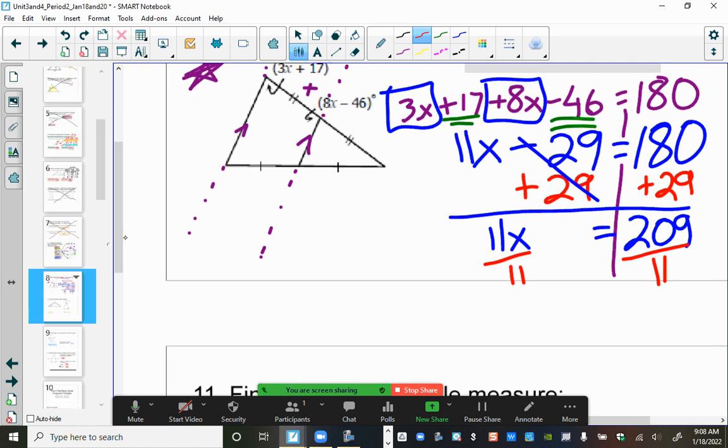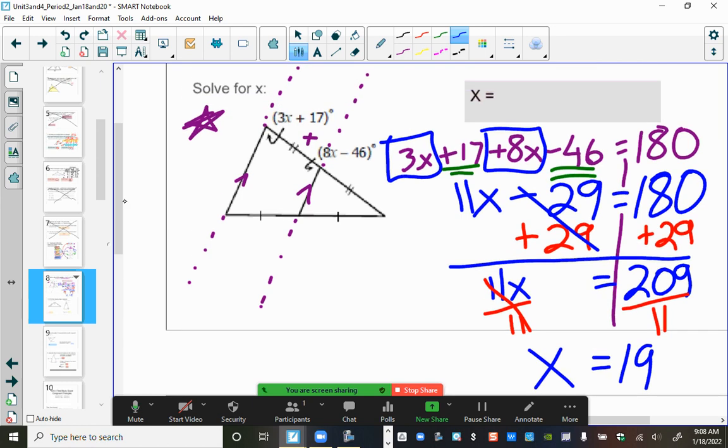So 11x divided by 11 is x, and then 209 divided by 11 gives us a grand total of 19. Good. So x is going to be 19. You will definitely see a problem like this.